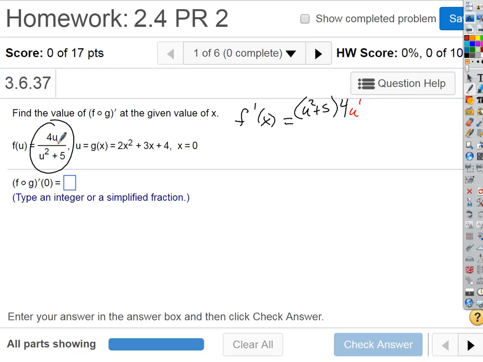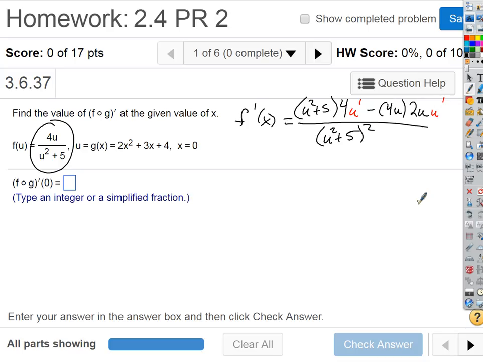Okay, so then low d high minus high d low. Well, what's d low? 2u times u prime, right? All divided by u squared plus 5, quantity squared. Very good.